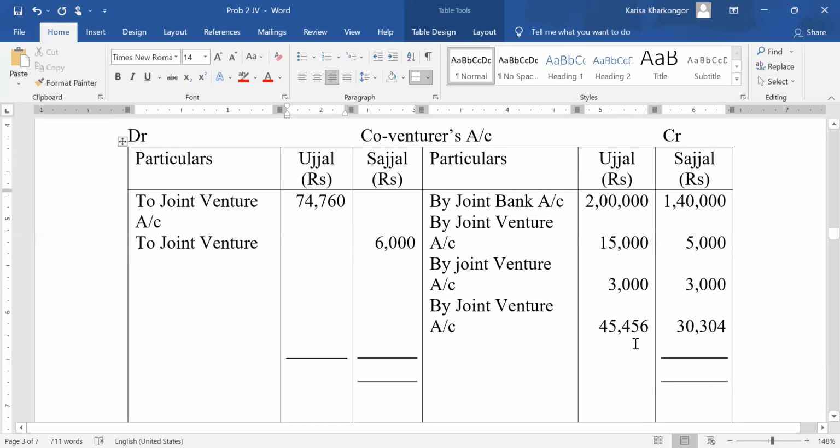Okay, so now we can total the debit side, the credit side of the co-venturers account.